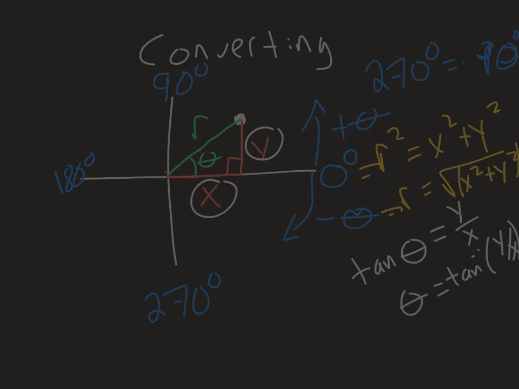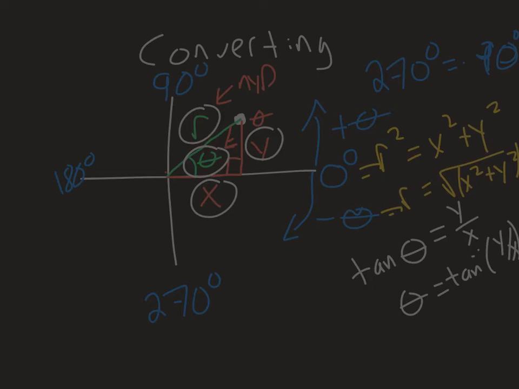Okay? And then, if we think about going the other way, if I'm given a polar coordinate and I want to make it Cartesian, I will know the r and the theta. How can I get to x and y? Well, if we know, essentially this would be the hypotenuse of my right triangle, and this would be the angle of my right triangle, I just have to set up essentially a sine and a cosine equation.